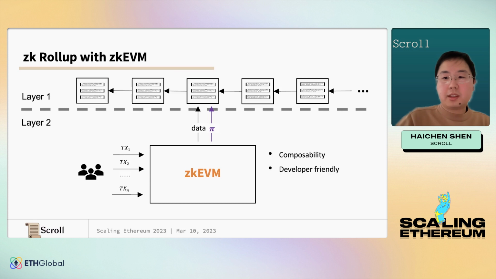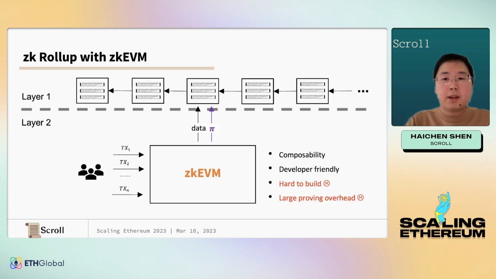That's the benefit of having the zkEVM in the zkRollup: you can achieve composability, and it is also very developer friendly, because all the developer needs to know is still Solidity, and the same toolchains, Foundry, Hardhat, anything you use on layer 1, you can also use on layer 2.